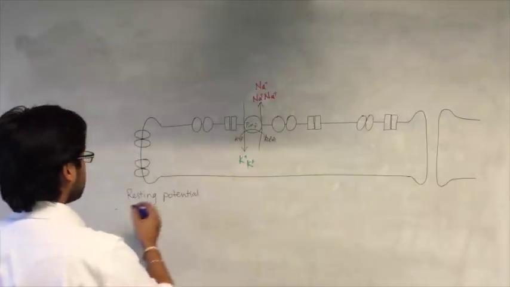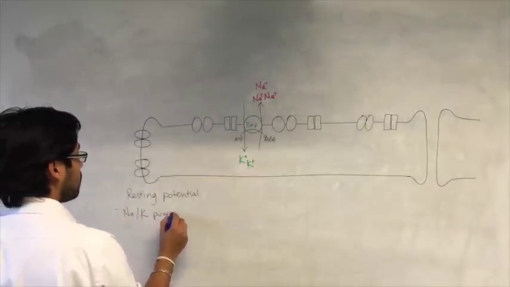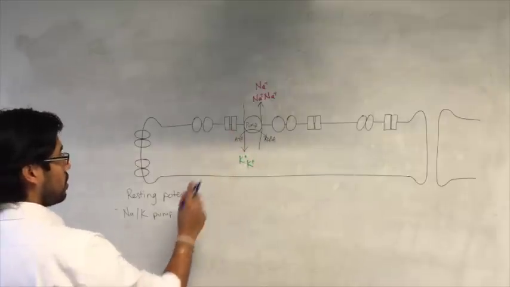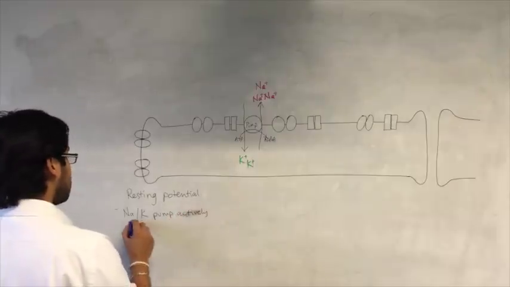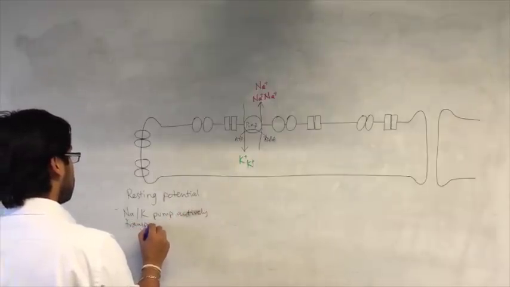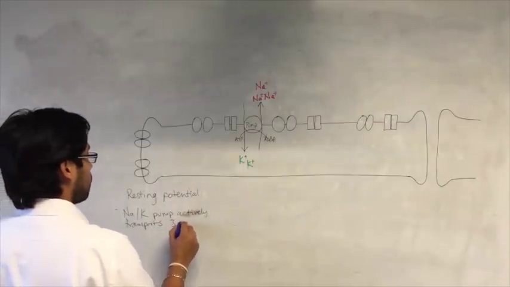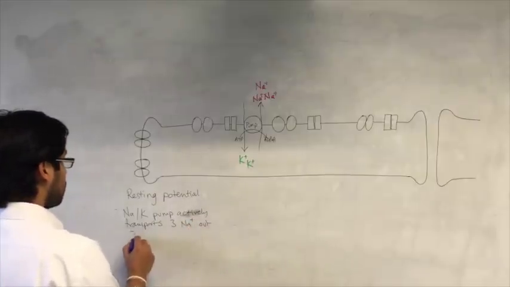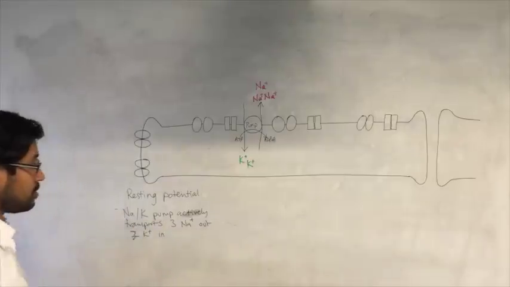The sodium-potassium pump actively transports 3 sodium ions out and 2 potassium in.